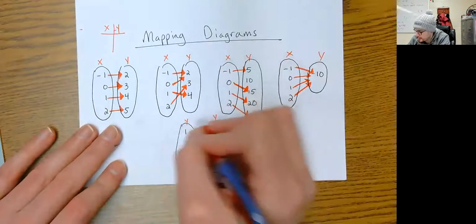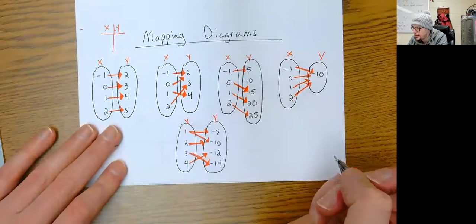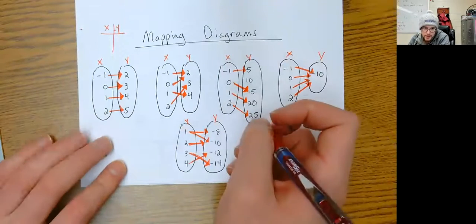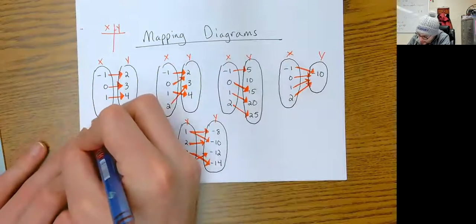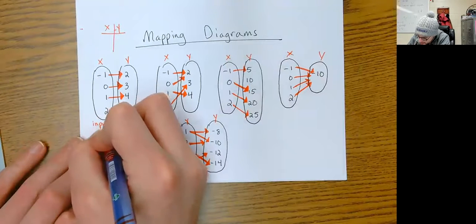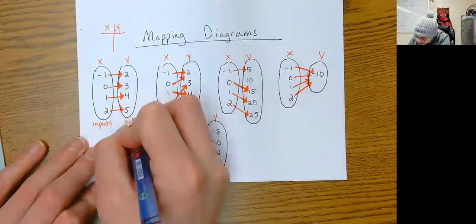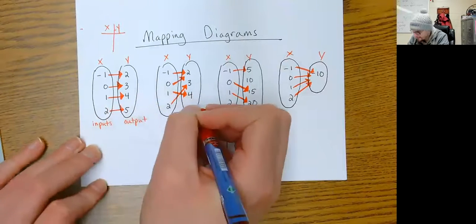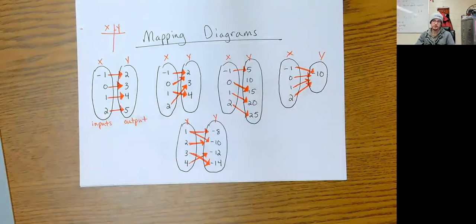X's are inputs, remember, and I want to write this over and over again, so I'm just going to do it on this one. These are inputs, these are the outputs. The definition of a function says that every x must go to only one y.